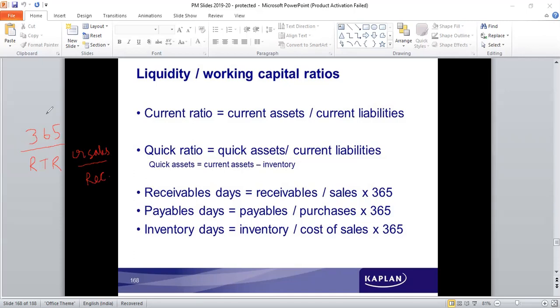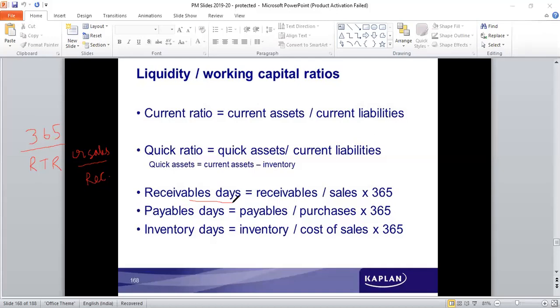So if there is a fraction in the denominator, to bring it to the numerator, this has to reverse. So 365 into receivables by credit sales is the number of days receivables. What does this ratio indicate? It indicates that in a year of 365 days, for how many days did they extend the credit?